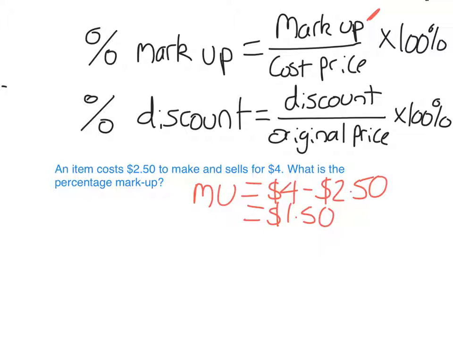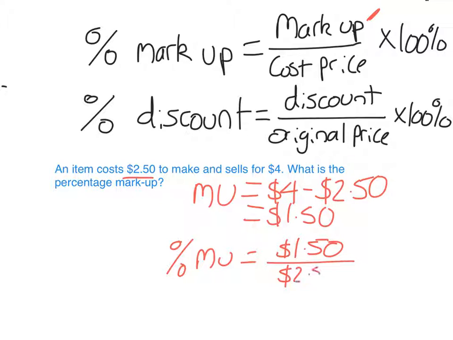Then the percentage markup equals the amount that it's been increased by, divided by the cost price, so that's $2.50, not $4, make sure you get that right, and then times that by 100%. Put it on your calculator, and you just get 60%. Easy as. So this has been marked up by 60%.